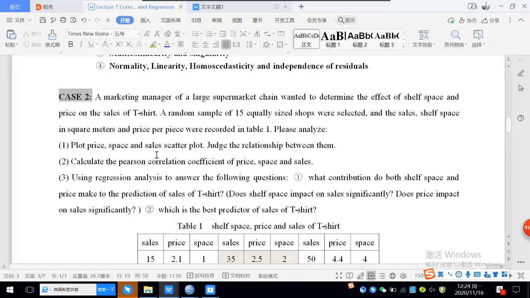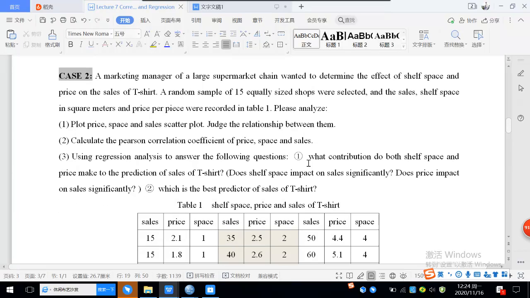Then, since they have a linear relationship, next we calculate the Pearson correlation coefficient of price, space, and sales. The results show that the correlation coefficients of price and sales, and space and sales, are all very significant.